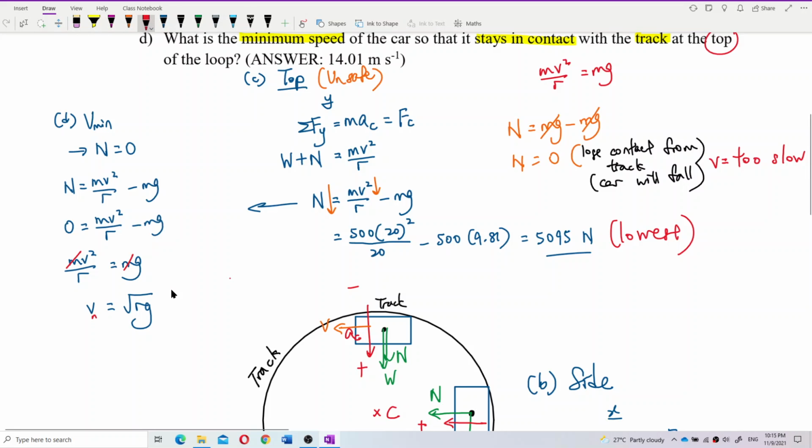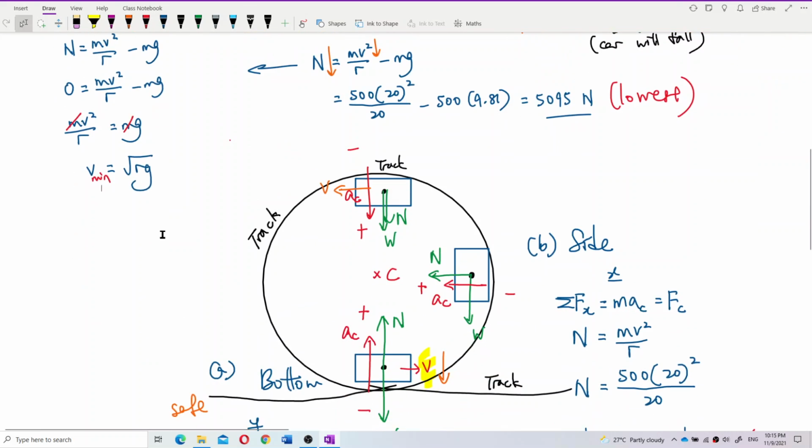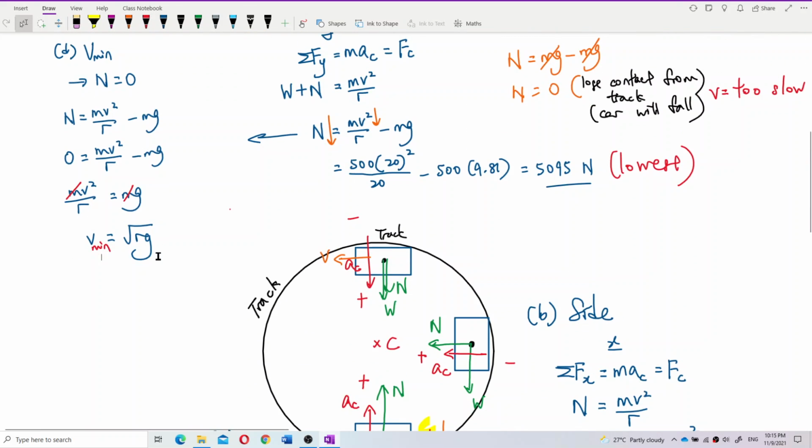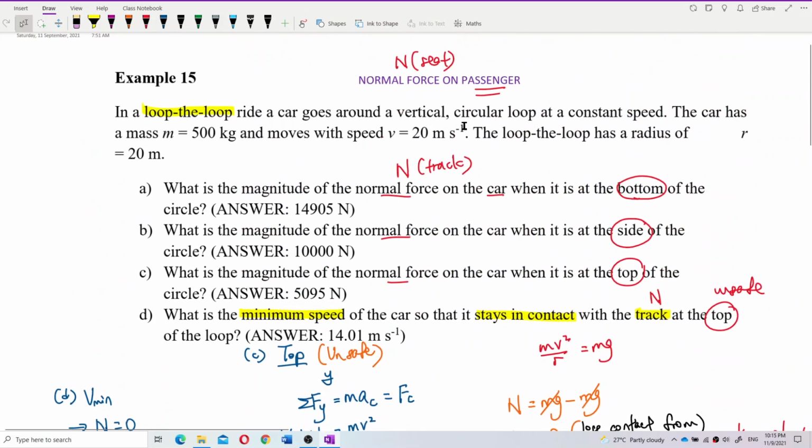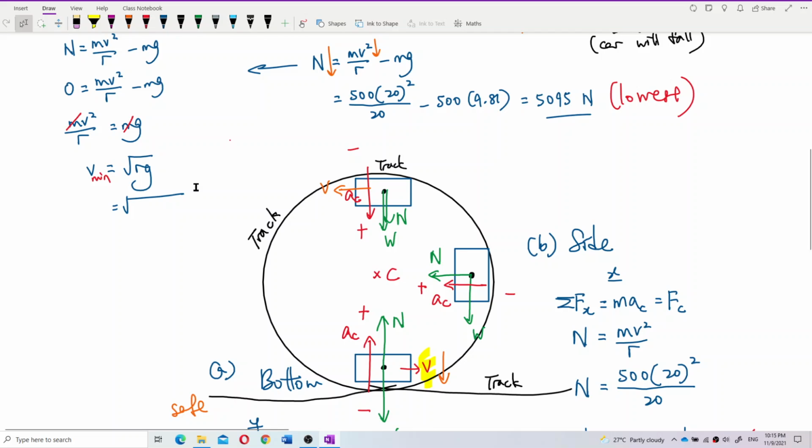The minimum speed formula is square root of rg. So what's the answer? Square root of rg. How do we find the minimum speed value? The r is 20 meters, times 9.81.